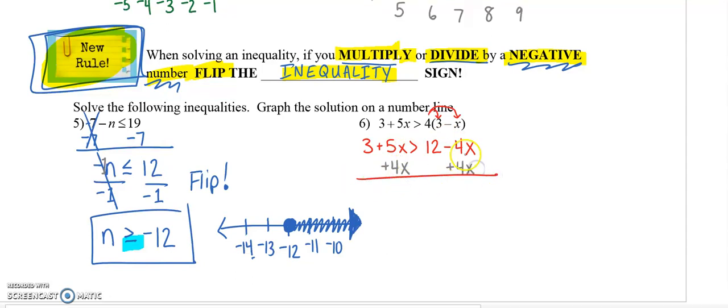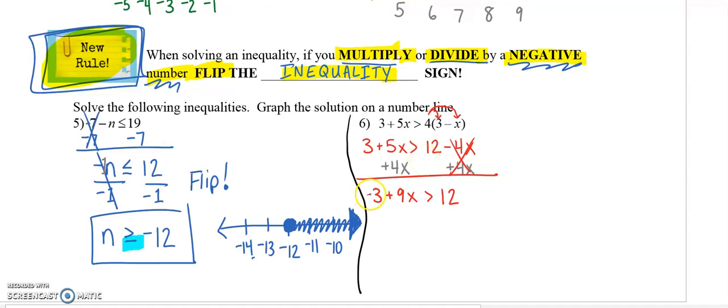Anytime you're working with inequalities, just try to pay attention to whether you're multiplying or dividing by a negative. There, I was just adding, so I know I don't have to worry about it. Let's separate these a little better. There we go. So now x's are on one side. I can just start solving like a normal equation.